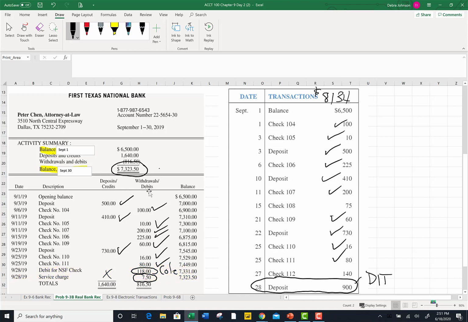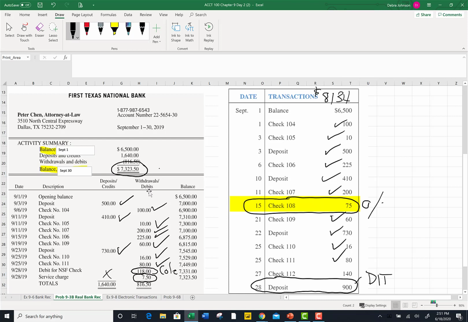Moving over to the book side of the house, we notice that there's a few transactions over here that haven't cleared or that aren't checked off. Check number 108 in the amount of $75 has not yet cleared the bank.